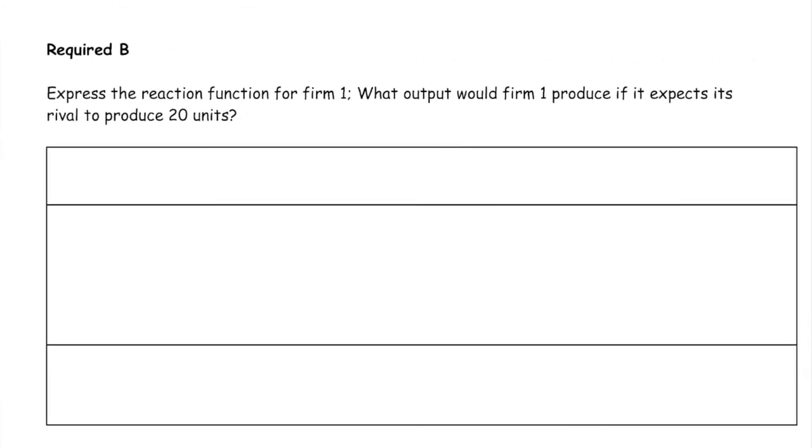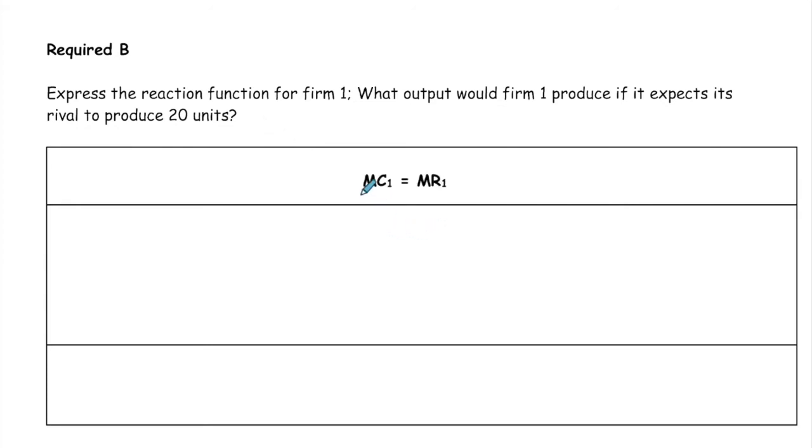So here it says, express the reaction function for firm 1. What output would firm 1 produce if it expects its rival to produce 20 units? Now the way that we come up with the reaction function for each firm is simply by simplifying the profit maximizing rule and then isolating the firm's quantity.